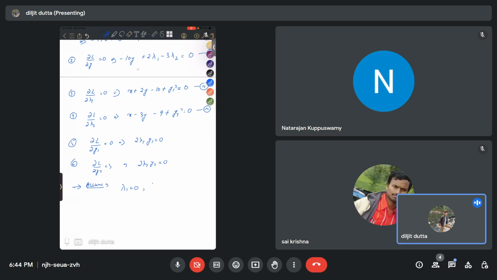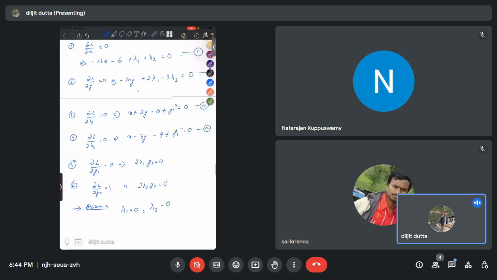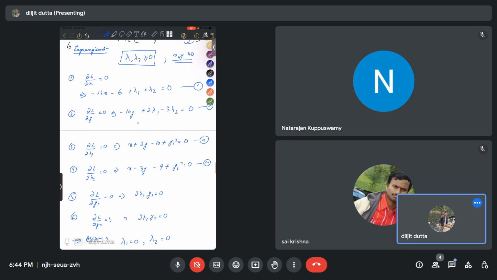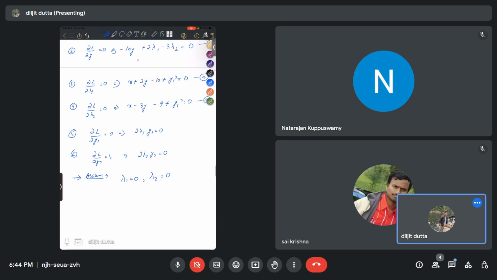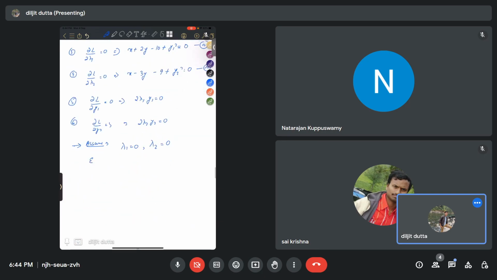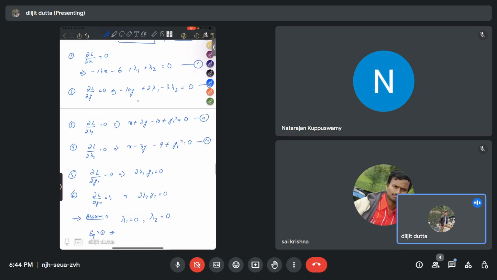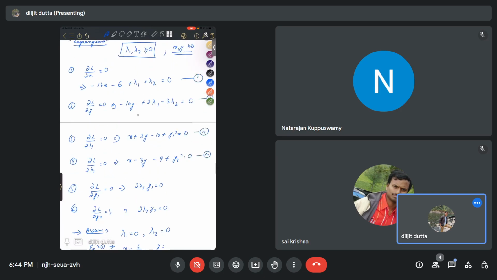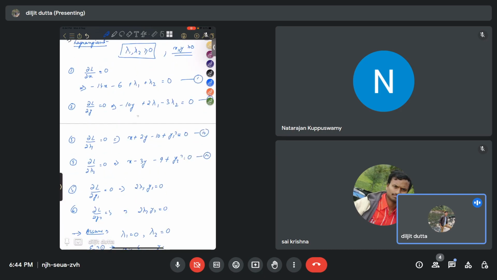If suppose you are taking both lambda 1 and lambda 2 equal to 0, so this is one condition. So in that case, what we will obtain, this is greater than or equal to 0. So we'll have these two equations. From equation 1, if both lambda are 0, then x will be 6 by minus 14, and y is equal to 0.